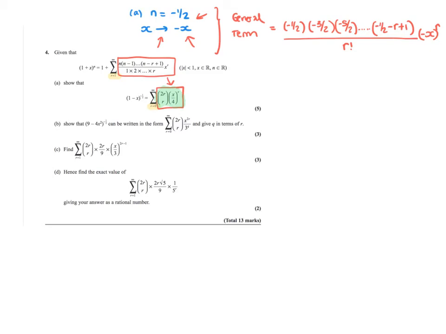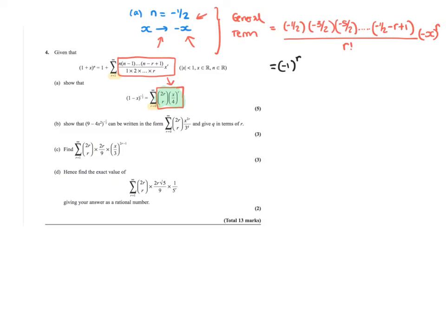So next, I'm going to start simplifying this. Look at that numerator. Each of these terms contributes a factor of negative 1, and there are r of these products in the numerator. So that means I can take out negative 1 and raise it to the power r, because that's the same as negative 1 multiplied by itself r times.